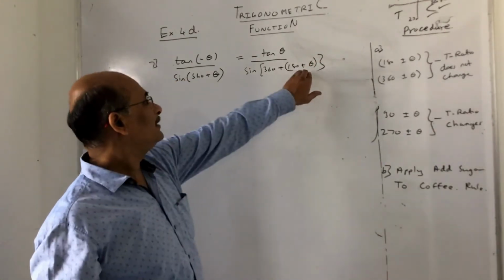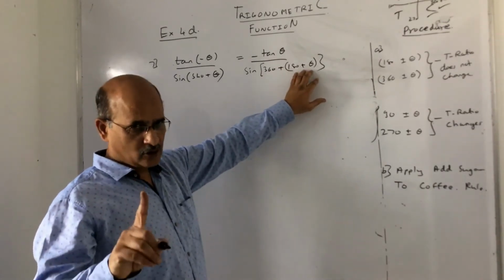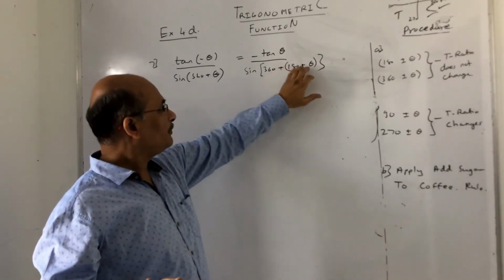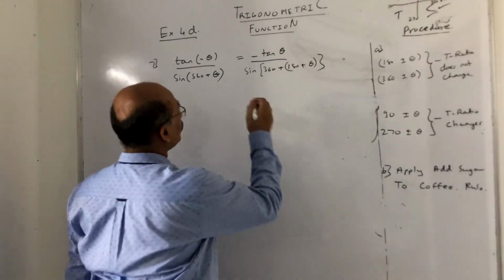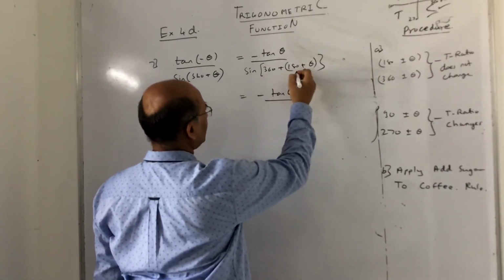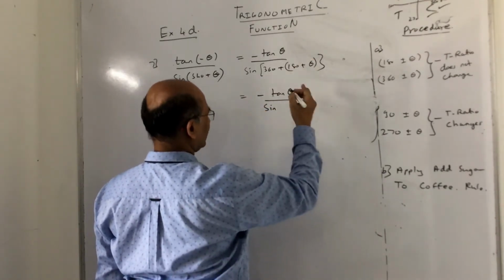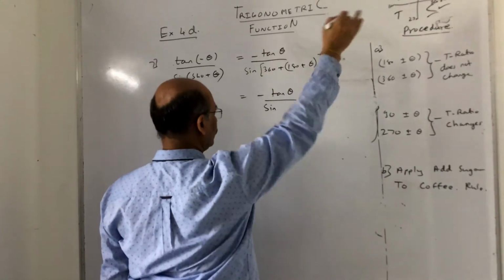Now if I consider this theta as an angle, 360 plus theta is first quadrant, don't worry, so it is minus tan theta upon, the ratio remains the same, and 360 plus theta is presumed to be first quadrant.